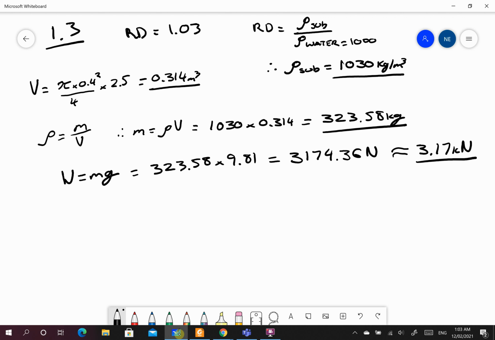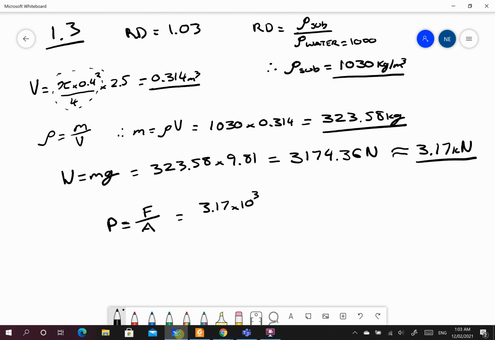That's our force. So now what I need to do is find my pressure, which is my force by my area. Now the area is simply this component in here. So what I get here is 3.17 by 10 to the 3.